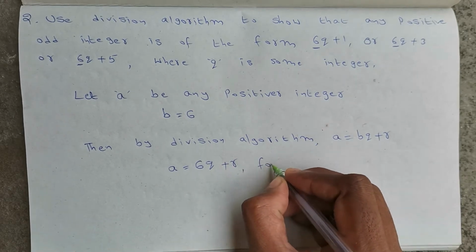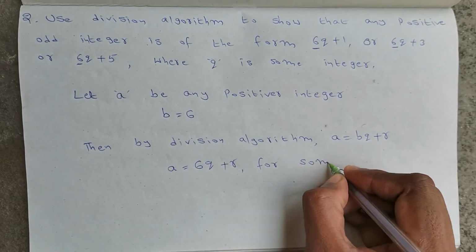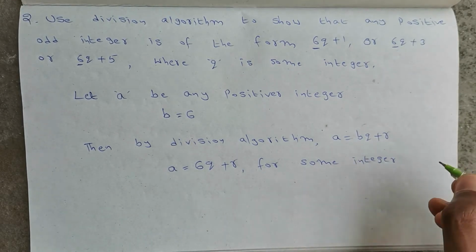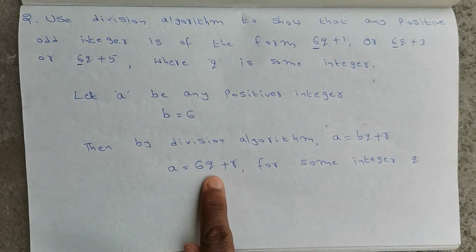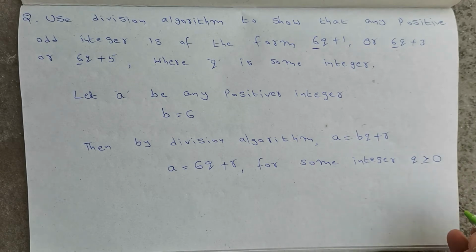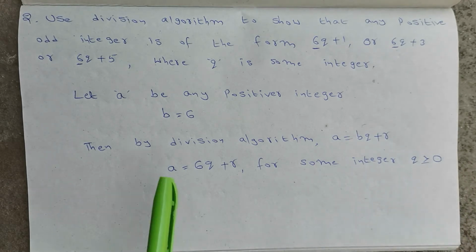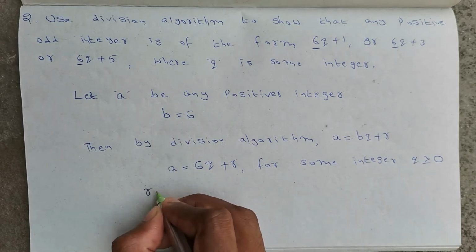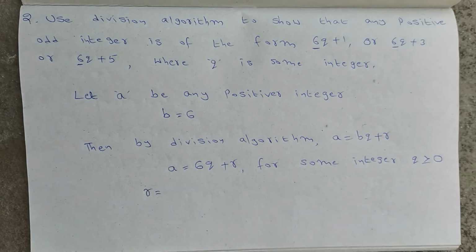For some integer q, this quotient should be greater than or equal to 0. And here we got the b value, that is 6. Then what about the possible remainders? Always the remainder will be equal to 0 or greater than 0, till where?